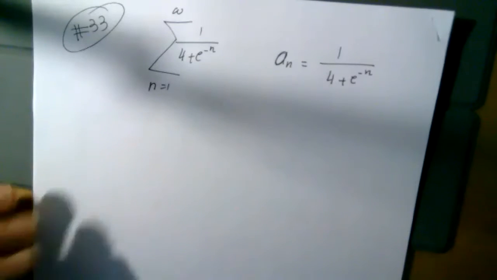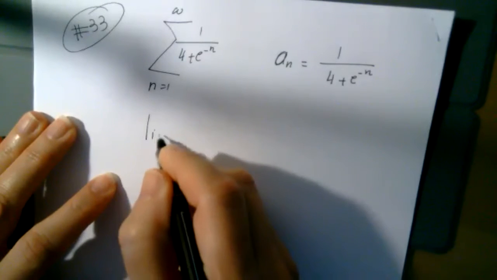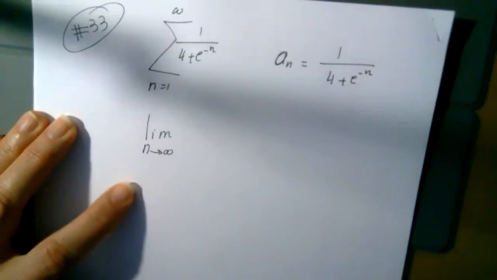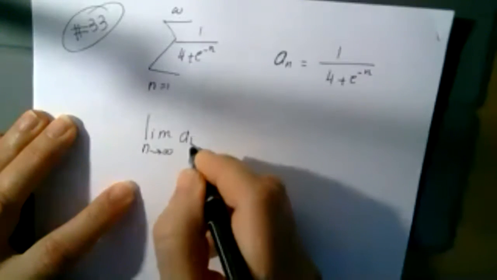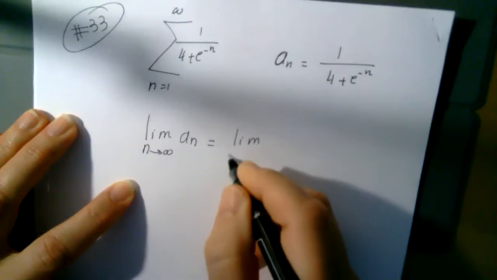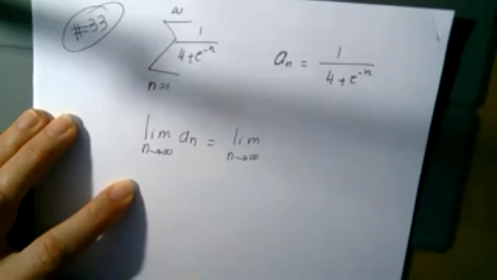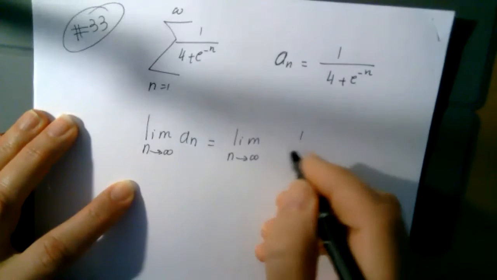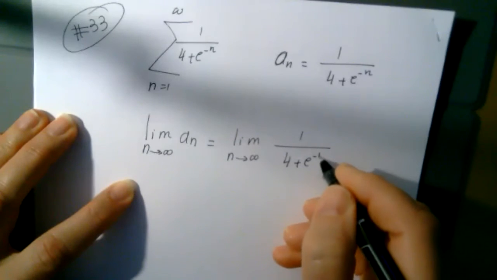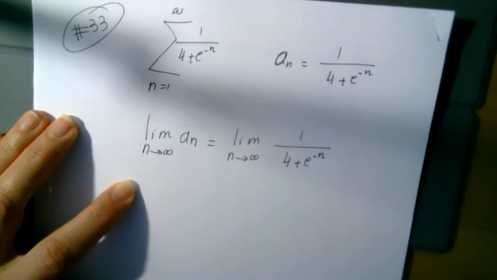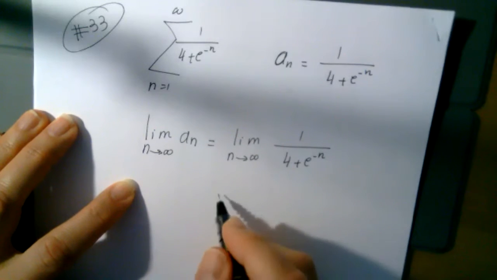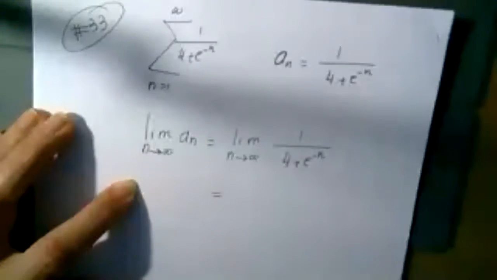So I'm going to look at what happens to the term when n goes to infinity. The limit as n goes to infinity of 1 over 4 plus e to the minus n. Let's ask ourselves, when n goes to infinity, what is the limit?